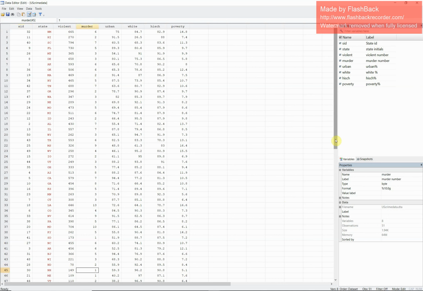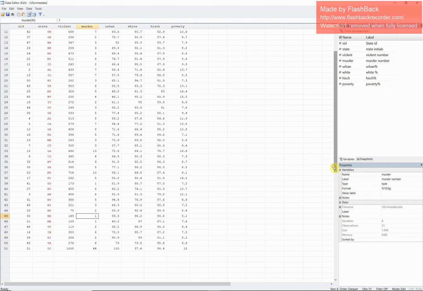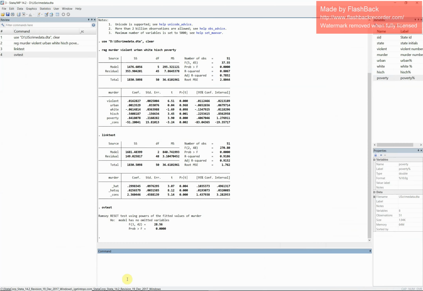And if we go down, you will find that one of the states, for example, has a large number of violent incidents. At the same time, the number of murders is quite large. Let us therefore transform these two variables as log variables.